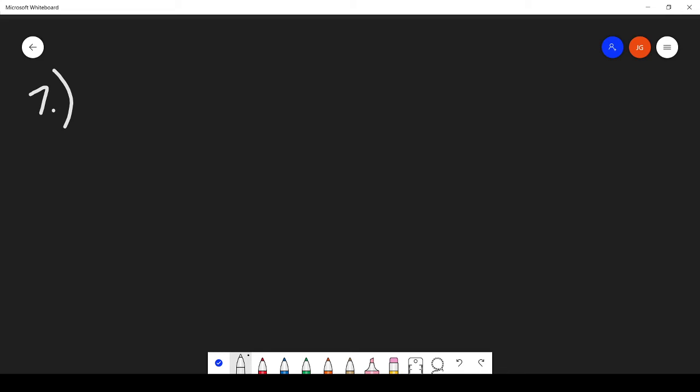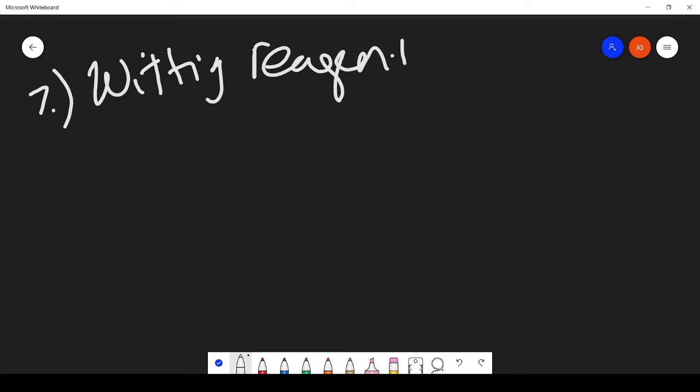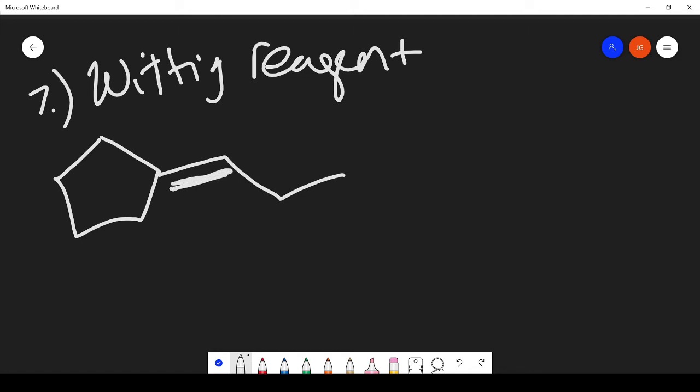All right, number 7 is asking us to provide the Wittig reagent that we would use to form this compound. Okay. Now, very similar to number 1 in this problem, we're just going to disconnect the double bond to form our 2 possible compounds.